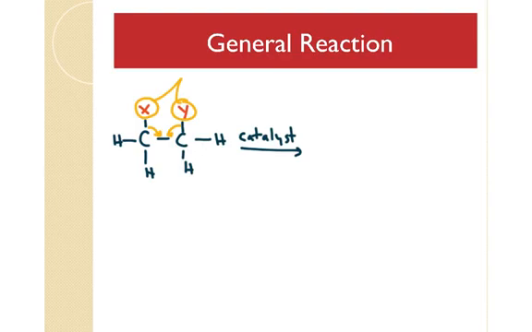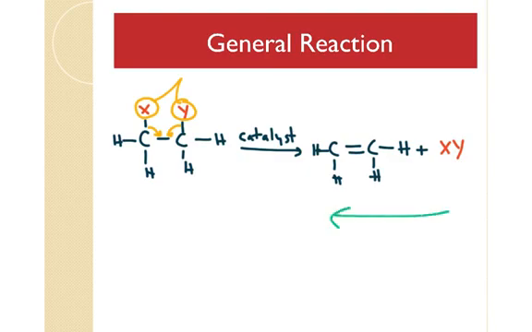So again, it's the exact reverse of an addition, because we'll have a double bond being formed, and then we'll have this XY, whatever it happens to be, as a second ingredient. So if you were to read it in this direction, it looks exactly like addition. We have a double bond plus an XY, making a single bond with XYs on it.